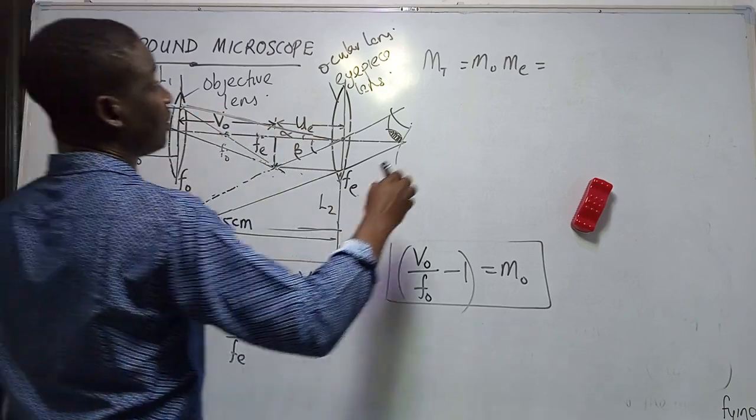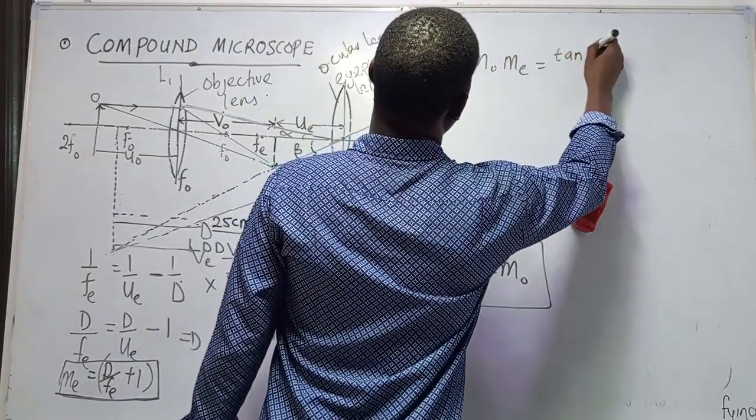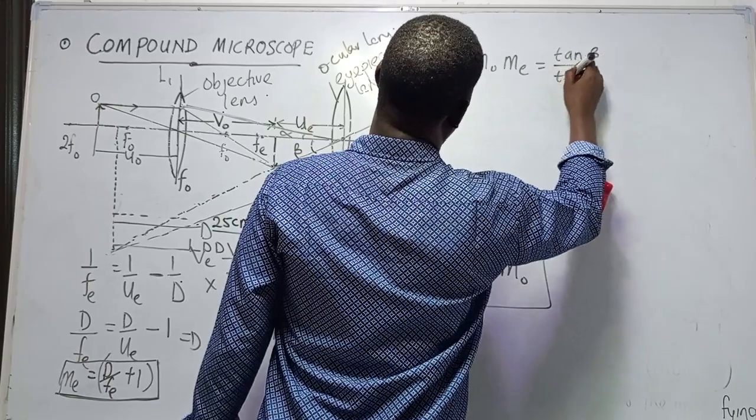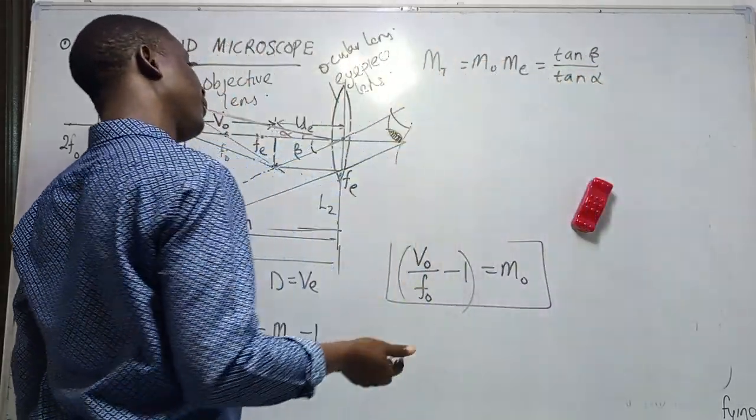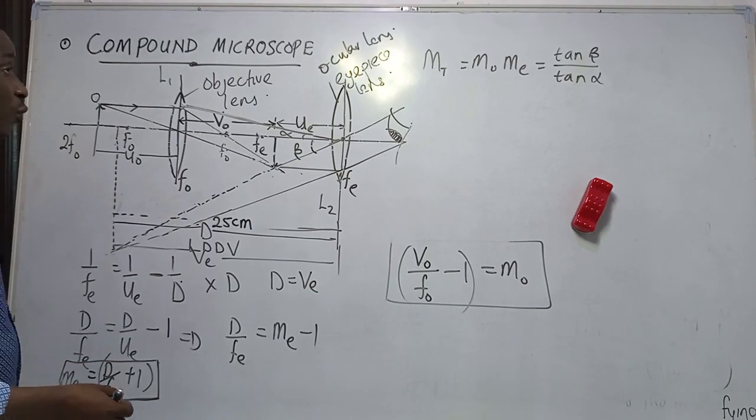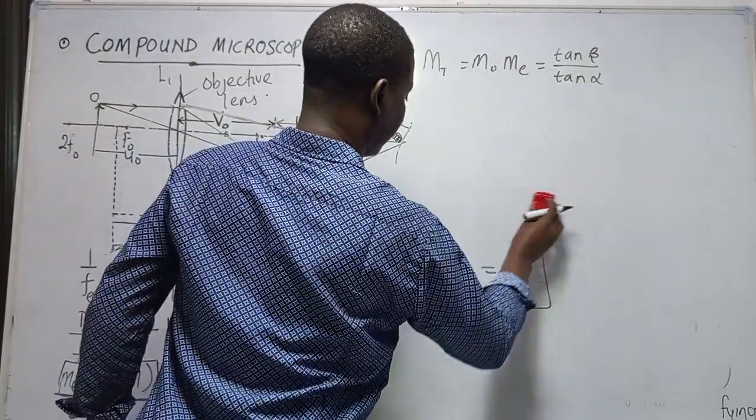So it can also be tan beta over tan alpha. If you prove it, you are going to have the same answer, but we don't have enough time to do that here.